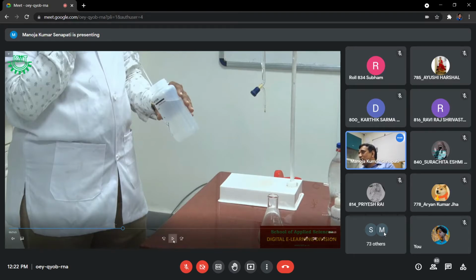That means you will not keep chilled water; you will keep normal water in that conical flask, because if you take ice chilled water, the reaction will be arrested.